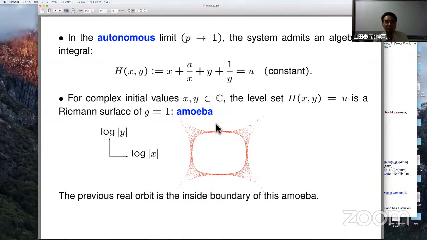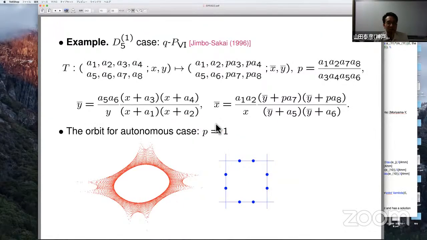And there is another example. This is the famous Jimbo-Sakai q-P6, which is given by a birational mapping on 8 parameters and 2 variables.